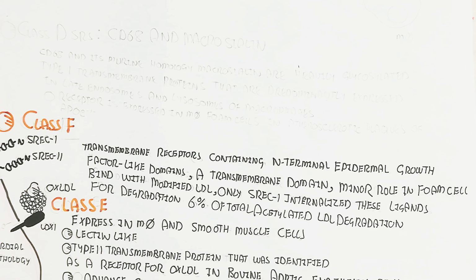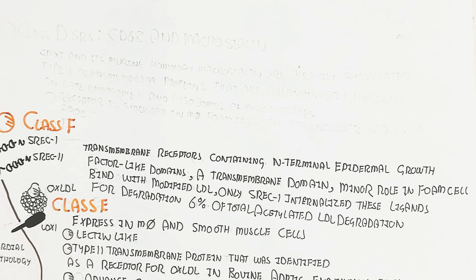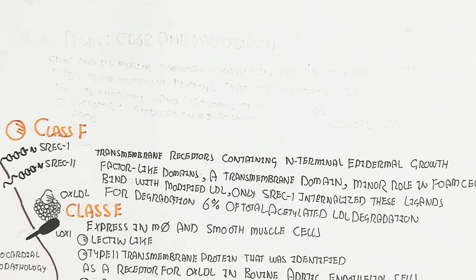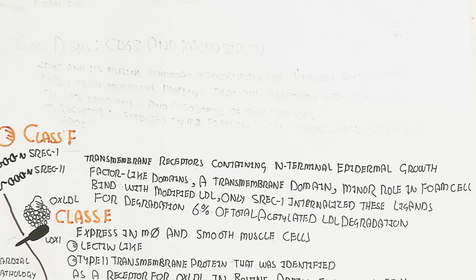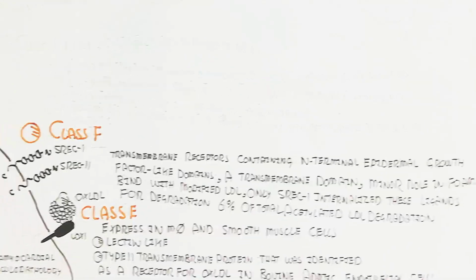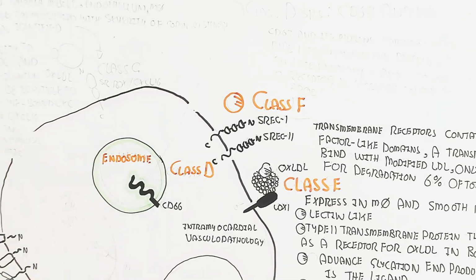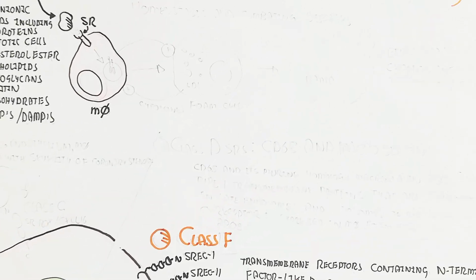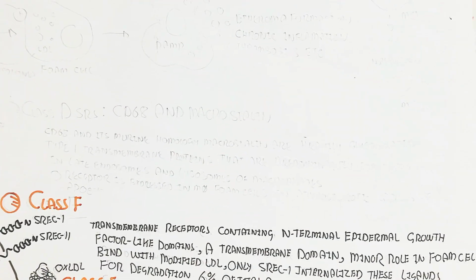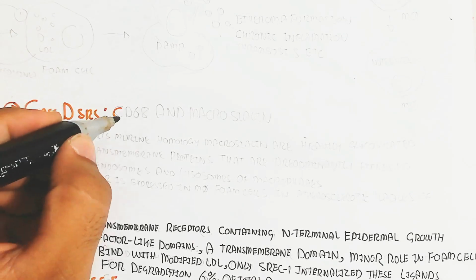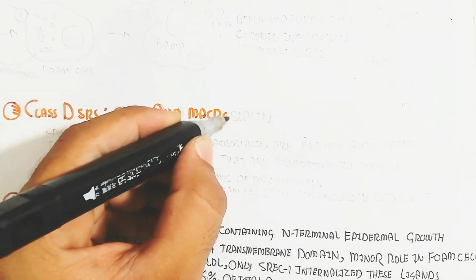Only Scavenger receptor EC1 internalizes these ligands for degradation, about 6% of total acetylated LDL degradation. So anyhow, in this way you can understand this is the transmembrane domain with a minor role in foam cells, but it binds with the modified LDL, and only SREC1 internalizes this ligand for degradation of acetylated LDL. So basically it is used for the LDL degradation.